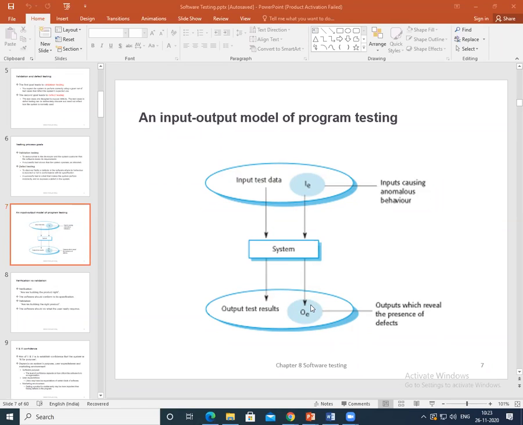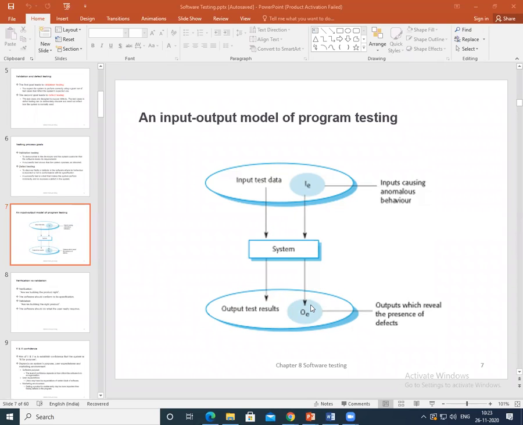The priority in defect testing, so we are validating this diagram with respect to validation and defect testing. The priority in defect testing is to find those inputs in the set IE because these reveal problems with the system.